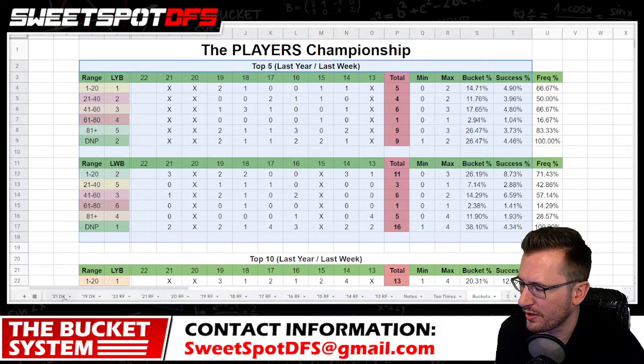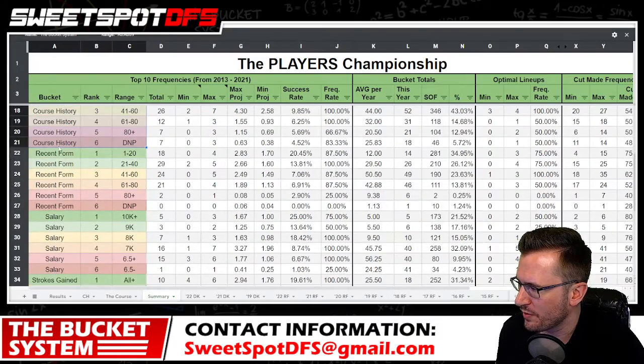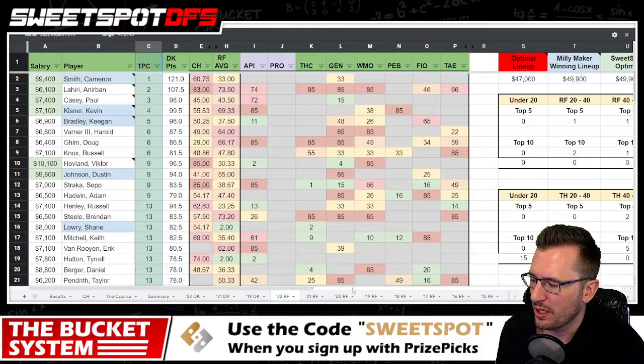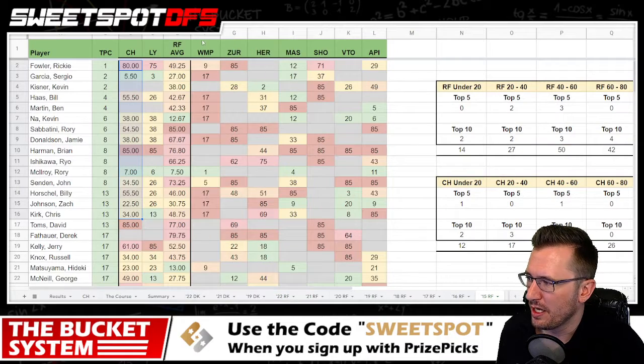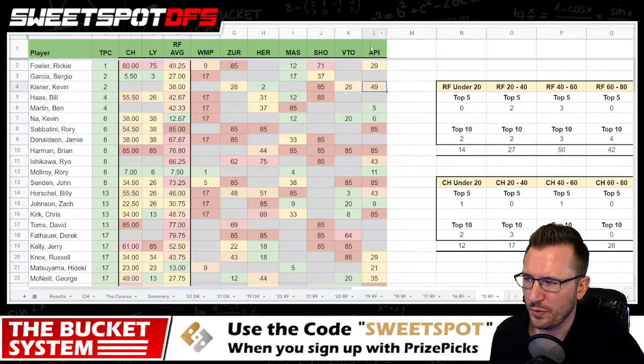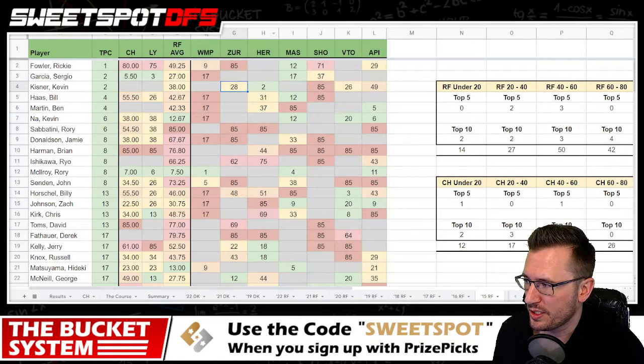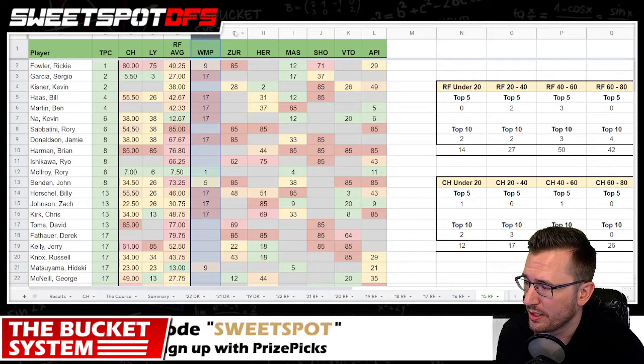Recent form, on the other hand, so if I go back to the summary and we're looking at recent form stats, just like on these pages, like I was just showing you, if I go back to 2015, I'm only looking at the 7 weeks prior to that event. So you can see the match play. I don't include that in recent form, by the way.